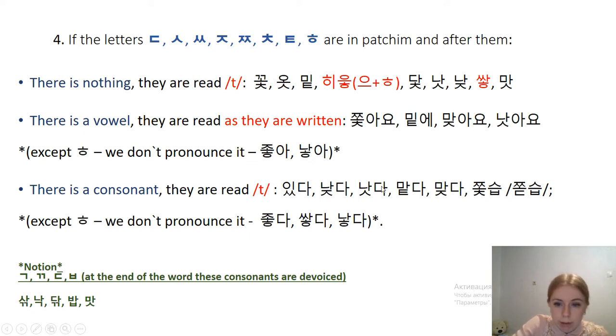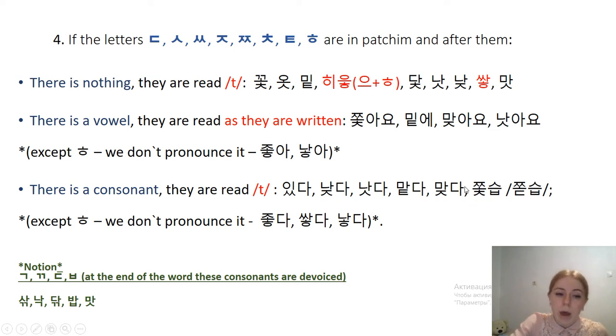T, t, t, t, t, s. So in all those cases we see these letters and we have to read them like t if there is a consonant after them: itta, natta, matta, totsip.